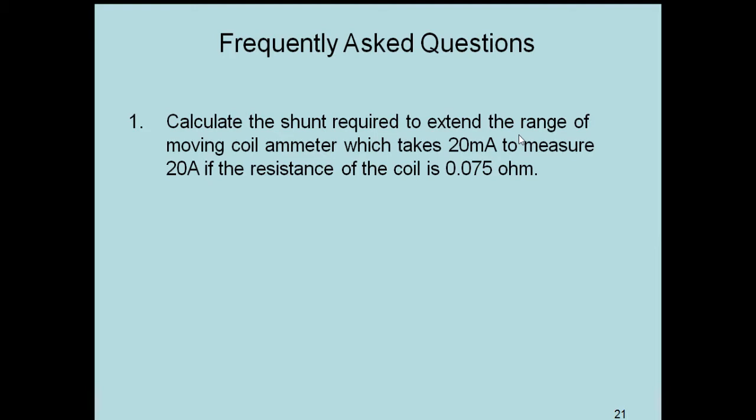In examinations, they have asked problems on shunts and multipliers like: calculate the shunt required to extend the range of a moving coil ammeter, which takes 20 milliamperes, to measure 20 amperes. The resistance of the coil is 0.075 ohms.